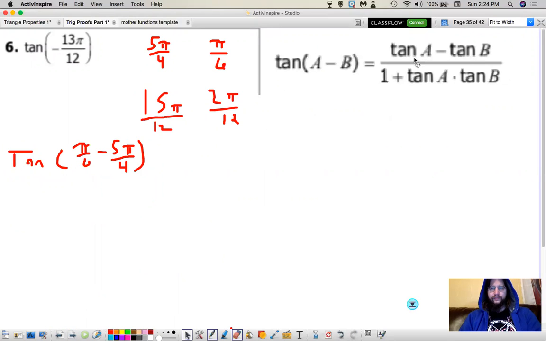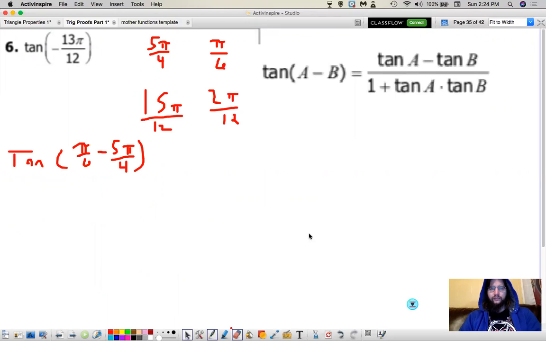So tangent of pi over 6 minus tangent of pi over 4. Again, we don't worry about that negative sign. That's why we're using our difference formula.